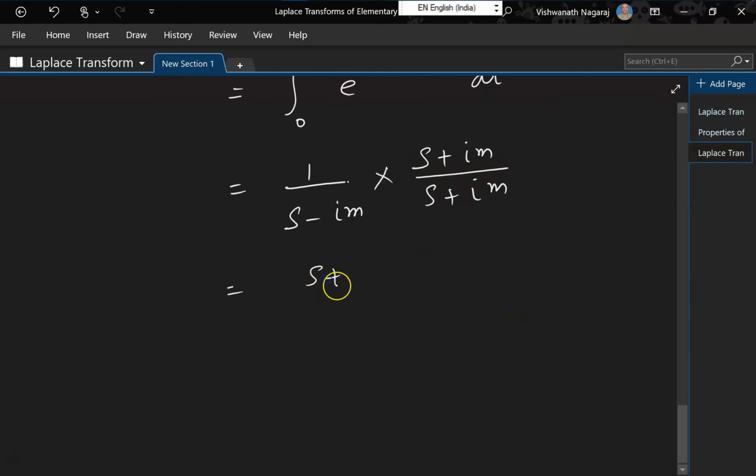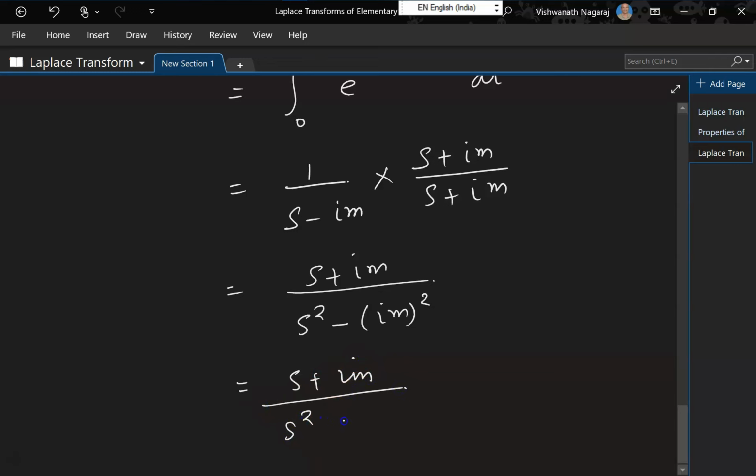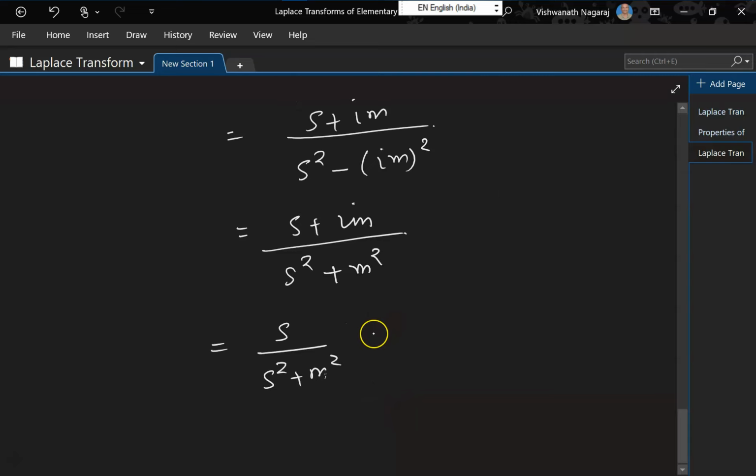What do we get? s plus im by s square minus i square m square, which is equal to s plus im by s square, this becomes i square. i square is nothing but minus 1. So plus m square, and this can be finally written as s by s square plus m square plus m by s square plus m square i.